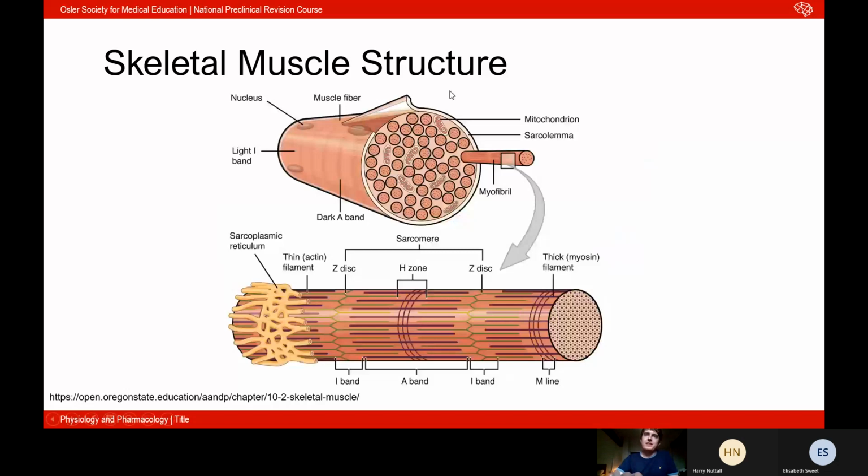So here we can see a diagram of a muscle fiber, and then inside that a myofibril, and then inside the myofibril we can see the thick myofilaments, which are made of myosin, and the thin actin filaments. And we can see these different terminologies we give to the areas of the myofibril, and the key one I want to focus on is the sarcomere, and we're going to be thinking about how the lengthening and the contraction of the sarcomere leads to movement.